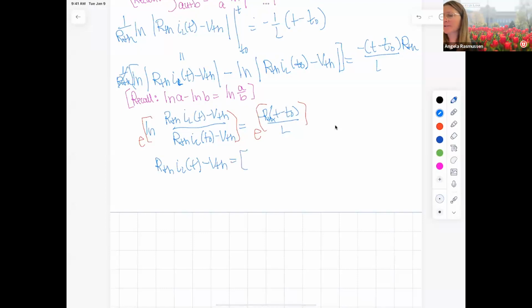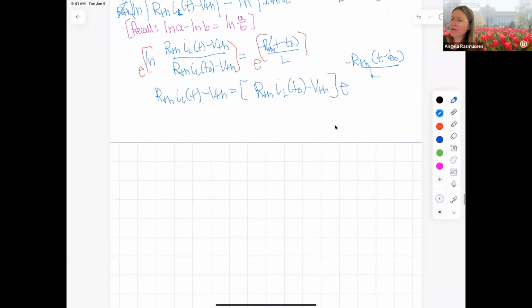And then if I multiply this over to the other side, I can solve this for IL of T by dividing, so I take over the VTH and then divide by RTH. So this becomes VTH over RTH. And then the minus becomes a plus.